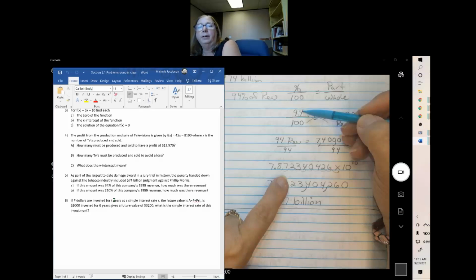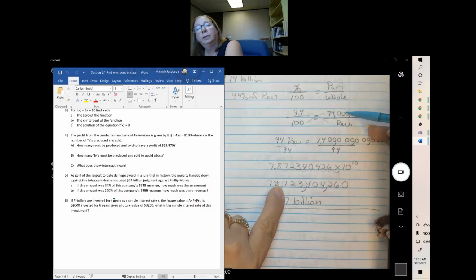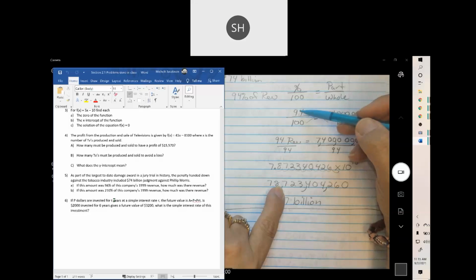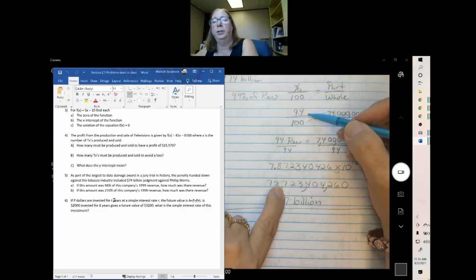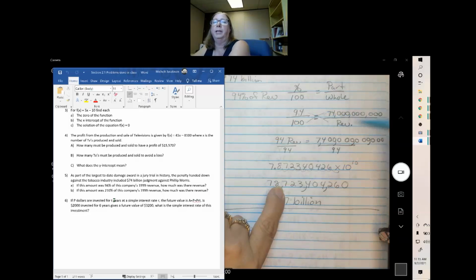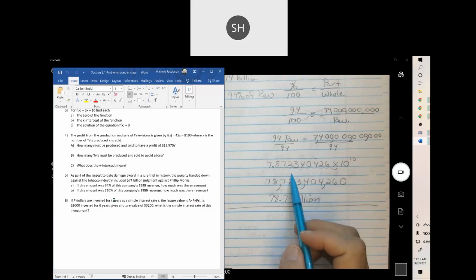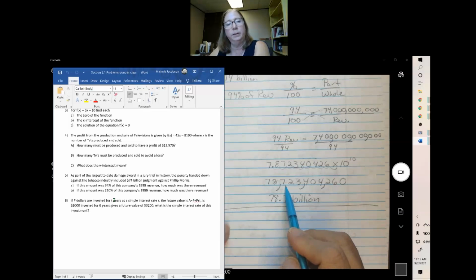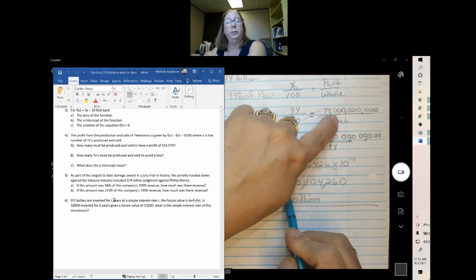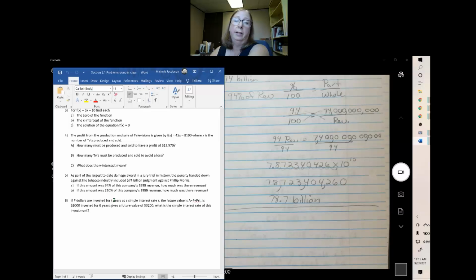So if you multiply, this is what they were making. They had to pay 94% of this value, and that gives you this one. That's why we're dividing here, because we're going backwards. Okay, going backwards. I got it. Yeah, so this is what they started with. They had to pay 94% of it, which was this. All right, thank you. You're welcome.